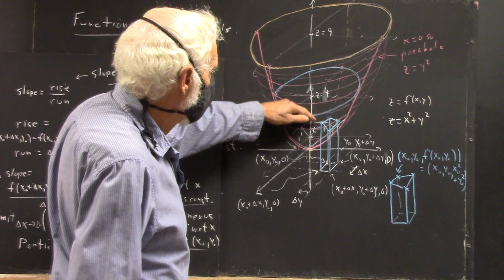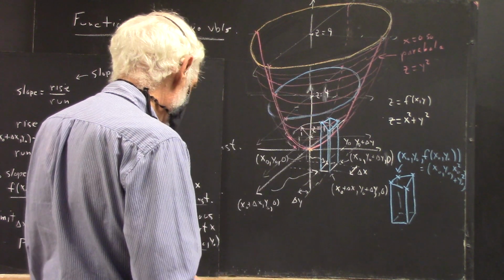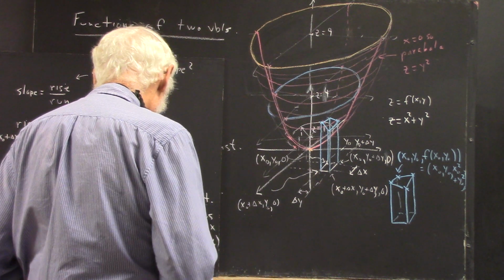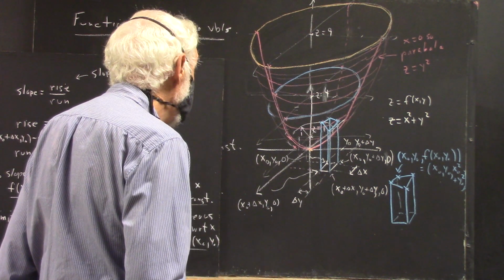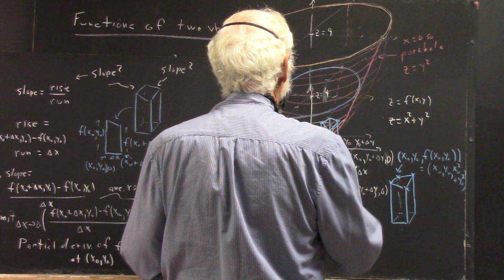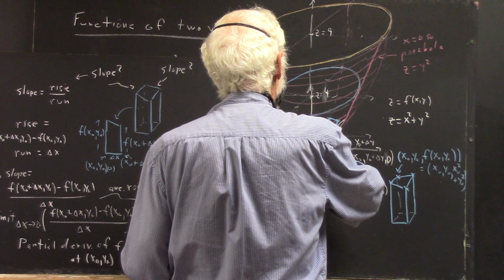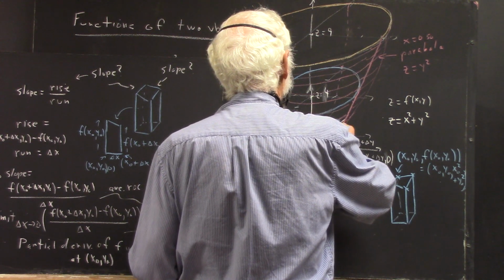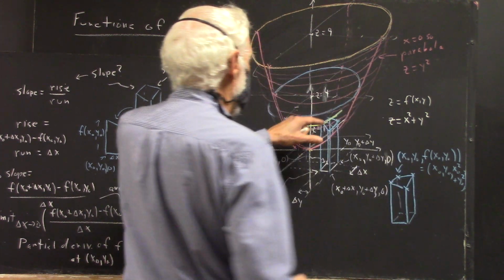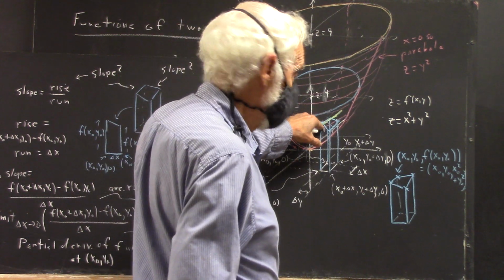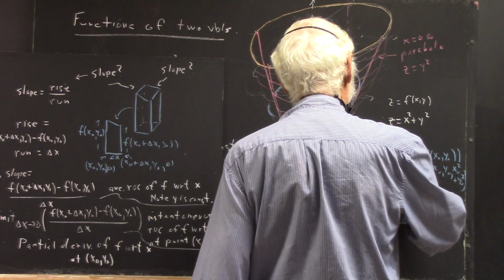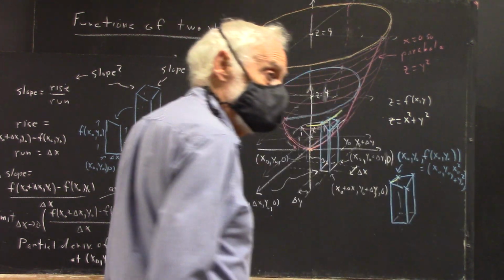Now, these two points here lie on a curve in this plane, okay? And here that curve might be represented like so, exaggerating the curvature.